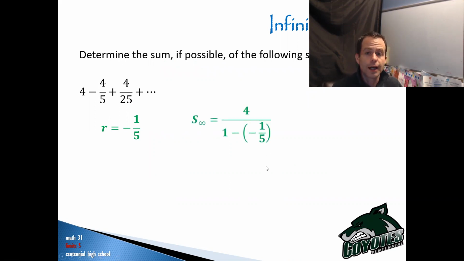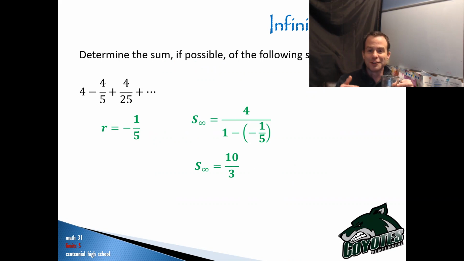So I can just go and plug it all in. 4 divided by 1 minus r. So 4 divided by, that would be 5 over 5, so that'd be 4 divided by 6 over 5, which ends up being 4 times 5 over 6, which is 20 over 6, which reduces to 10 over 3.